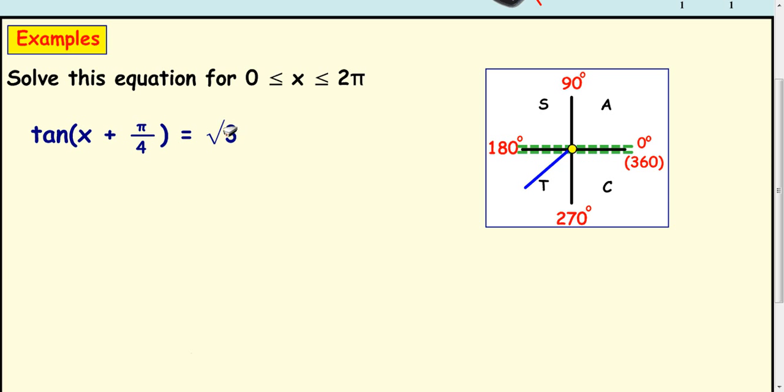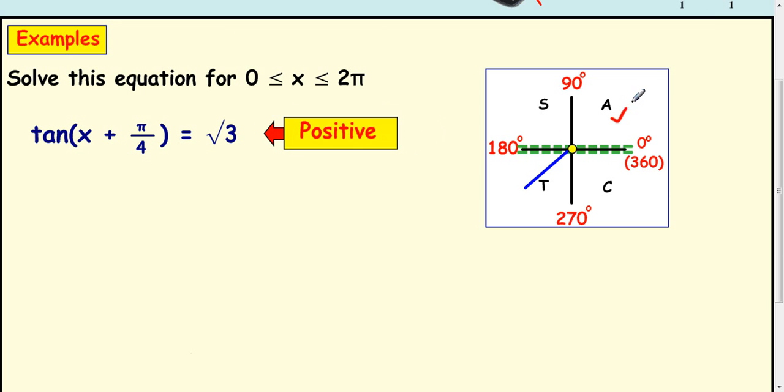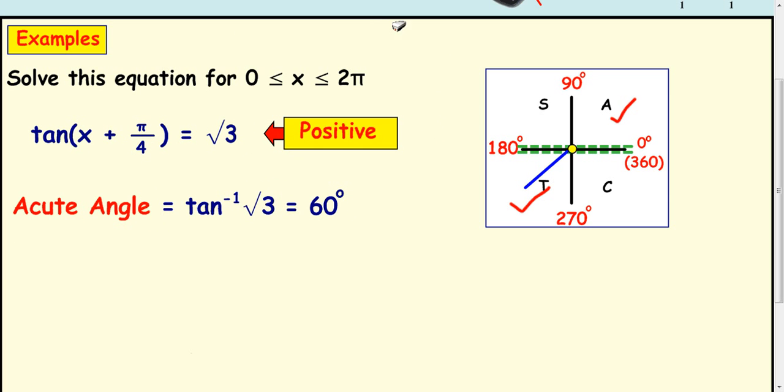So as before, we start with looking where the tan graph is positive or negative, and we see root 3 is positive here. Tick which quadrants tan is positive, and that would be the A and the T. Then I'm looking to find my acute angle, so inverse tan root 3, and that's 60 degrees.